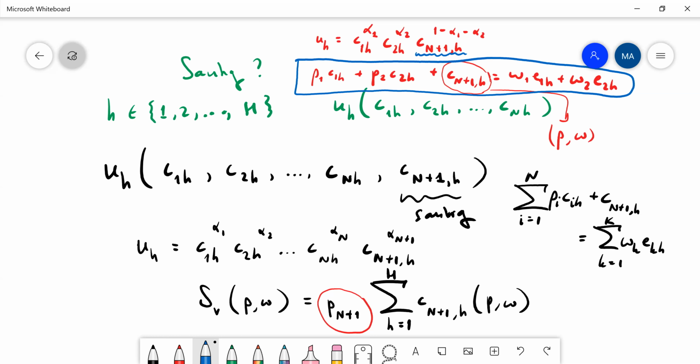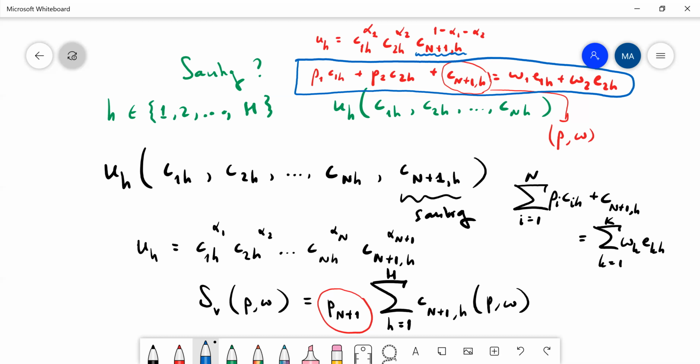Investment and saving will be equal in equilibrium in a closed economy and with no government saving. So private investment will be equal to private saving. But now this variable becomes a consumer's choice. There is a return and there is an implicit cost, right?